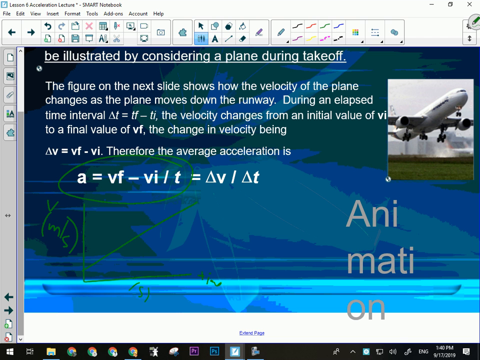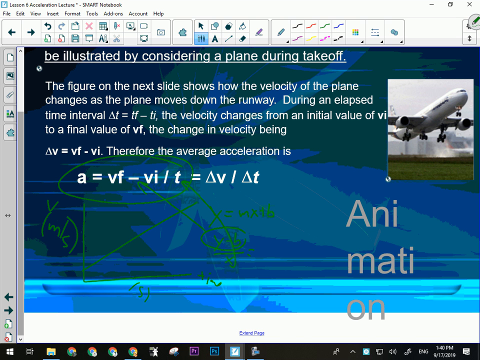If I was looking at this graph, it would say y equals m times x plus b. The slope of this graph would be y minus b over x. That would be, y minus b would be the change in velocity, and x would be the time.